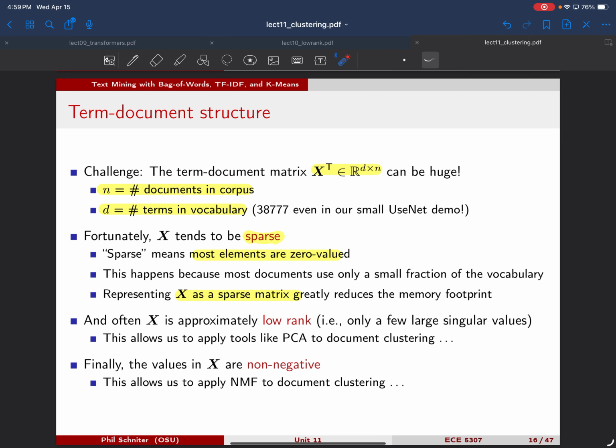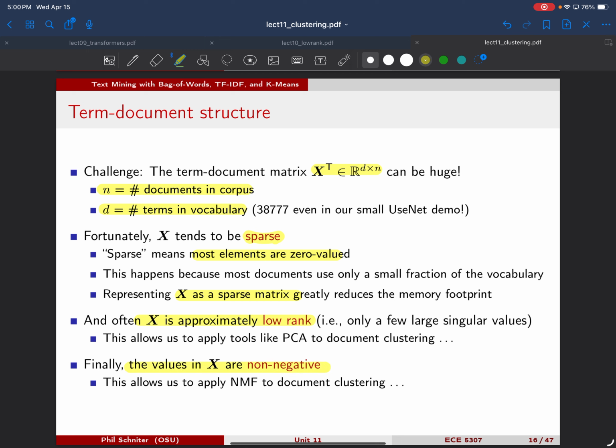So that's the difference between sparse and dense matrices. Okay, so this document matrix tends to be sparse. It often is low rank, or approximately low rank, meaning if you did an SVD, you would find that there are a few large singular values and the rest are quite small. And also, the values are non-negative because they're counts.